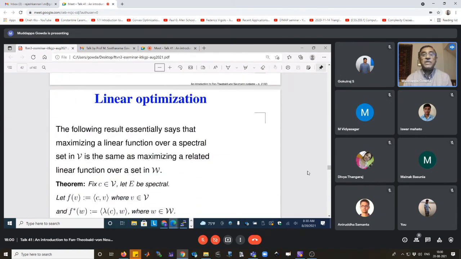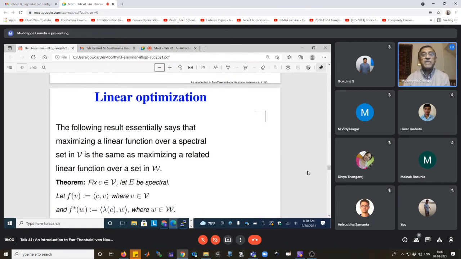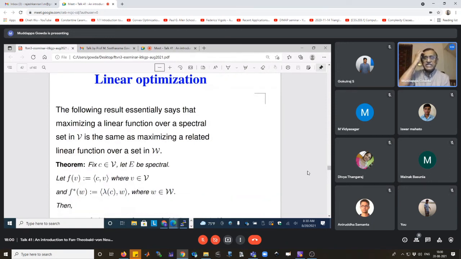Now we come to linear optimization. This result essentially says that maximizing a linear function over a spectral set in V is the same as maximizing a related linear function over a set in W. Now this becomes important in semi-definite programming.